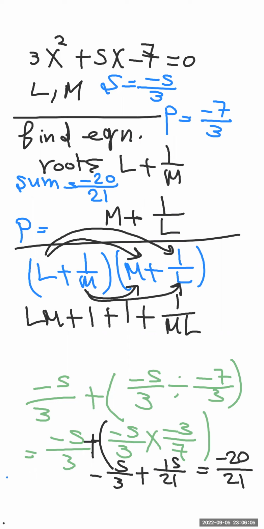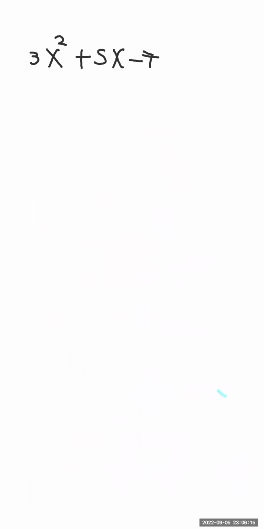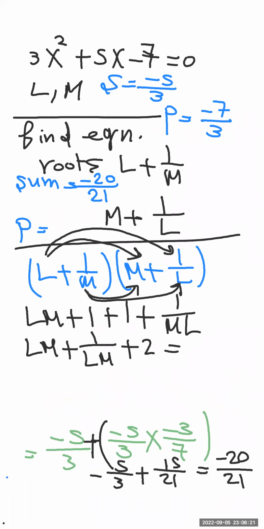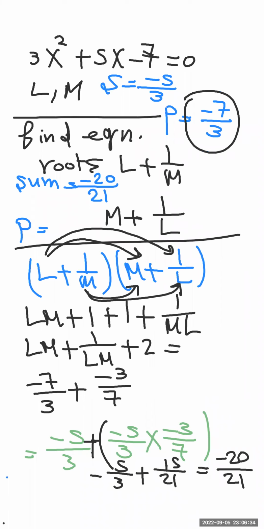So simply it will equal LM plus 1 over LM plus 2. I think all the numbers are given. So directly, LM means the product, negative 7 over 3, plus 1 over the product. So flip the number, negative 3 over 7, plus 2.